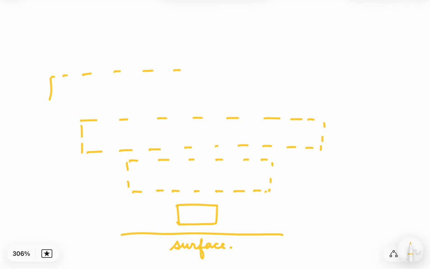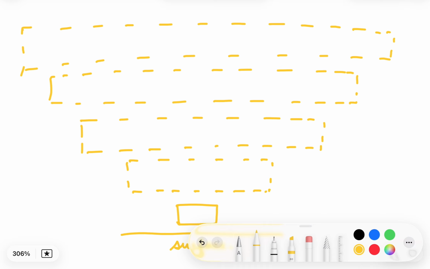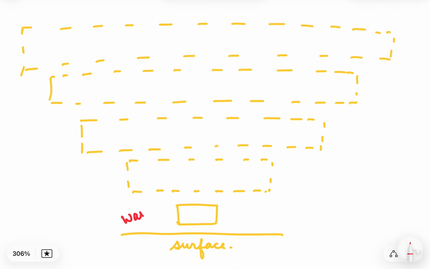As it moves up, it will expand more. So there is an expansion in the air mass, the air parcel. Now suppose this is the warm air parcel, it will rise.